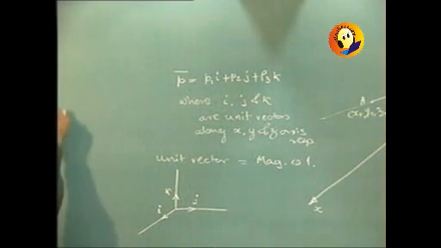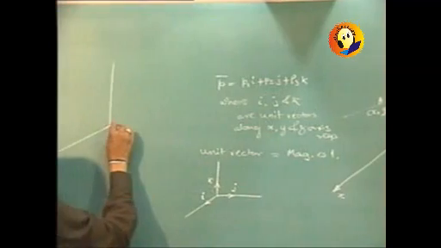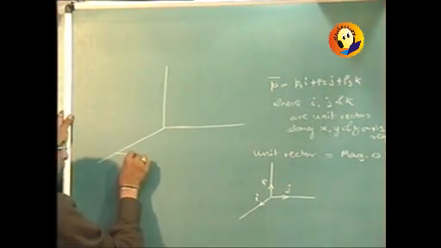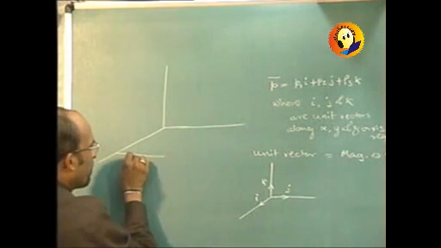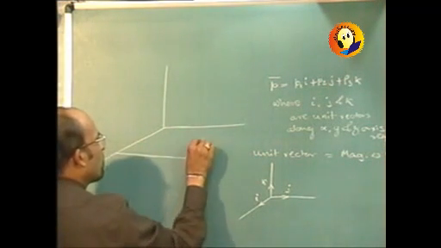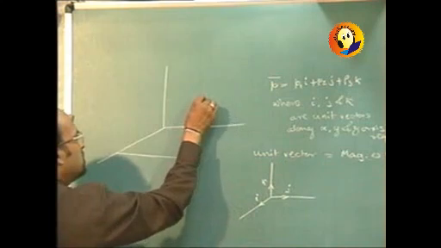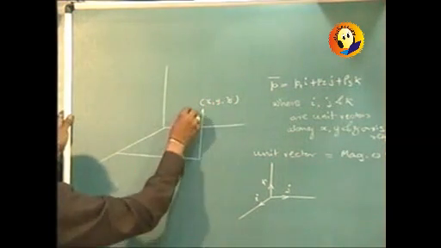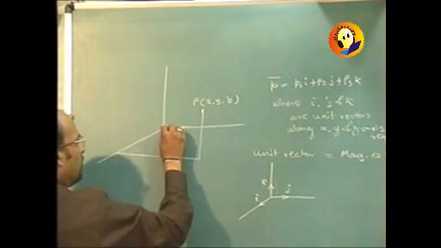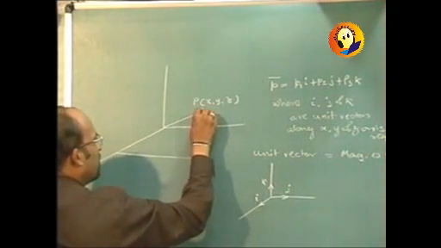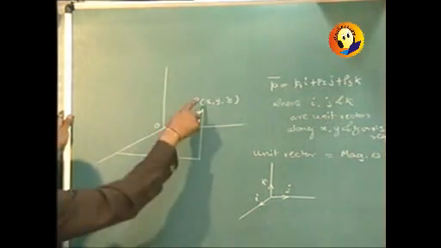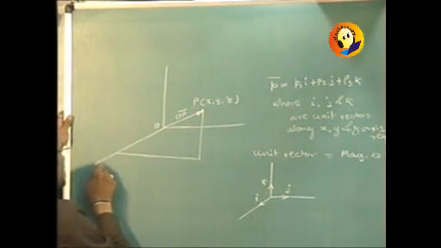Now any point that we talk of in 3D, any point, the coordinates that we talk of, suppose this is point x, y, z, say point P, and if we write the vector OP bar, then remember that these coordinates are nothing but distances.